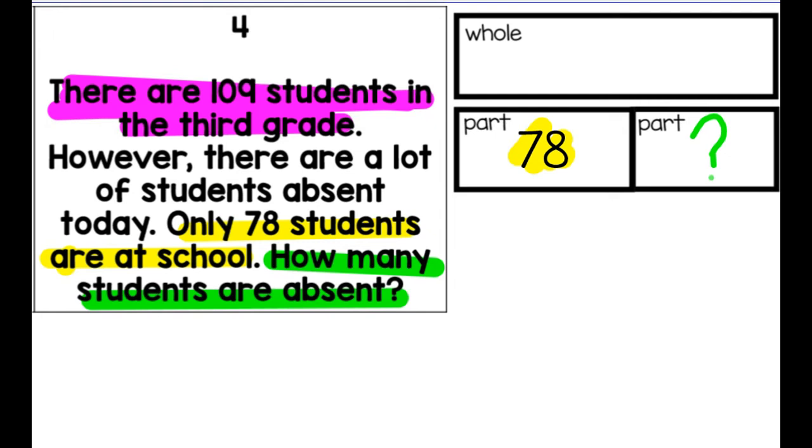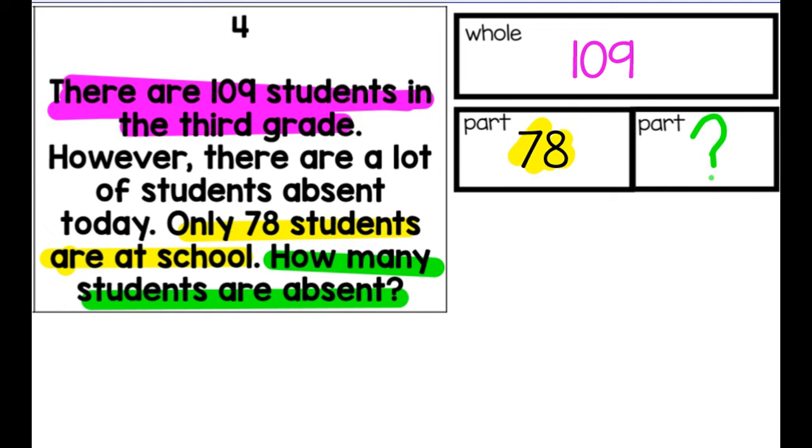We know that there are 109 students in all who attend Cobbett. 109 students is our whole entire 3rd grade class. So in order to find how many students are absent, we need to subtract.